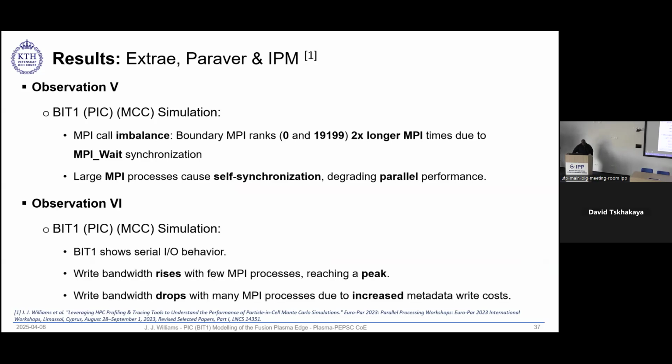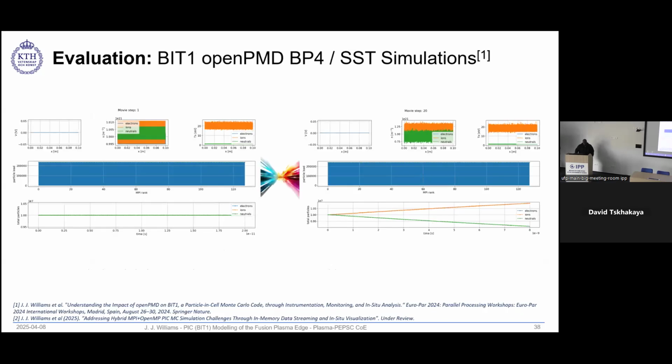We also noticed that BIT1 shows a serial I/O behavior, and the bandwidth rate rises and peaks because it reaches the sweet spot, then drops due to the metadata costs happening with the code, particularly. So let's look at the BP4 and SST, the Sustainable Staging Transport backend.